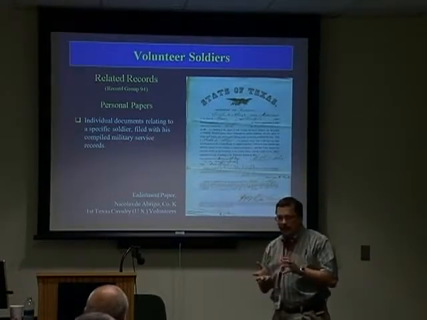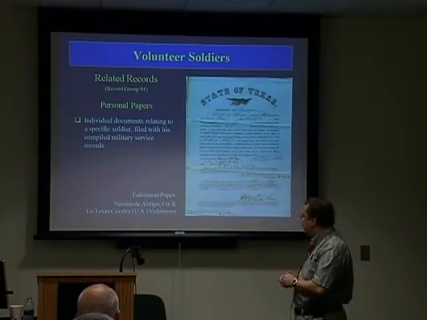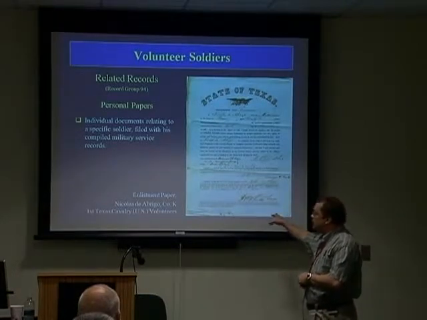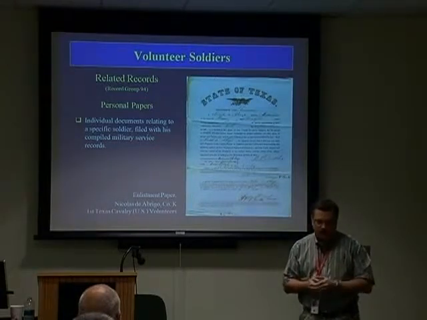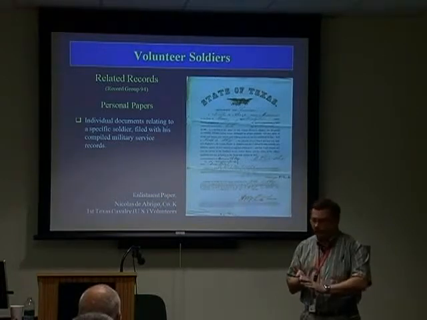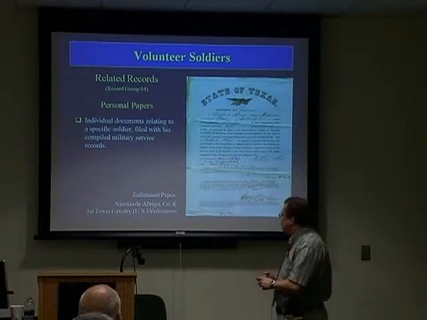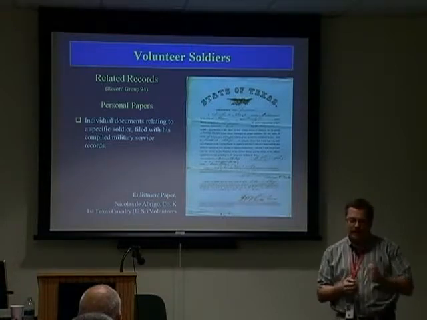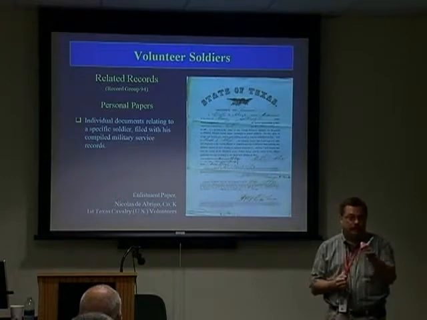So in the compiled service records, you'll find different types of personal papers filed in there, including the original enlistment papers, like this example that's shown here. You can find inventory of effects if a soldier was killed or died during the war. The War Department usually filled out an inventory of his personal effects. Final statements of service are in there. If he was a casualty, sometimes the War Department filled out a casualty sheet. You might find those in there.